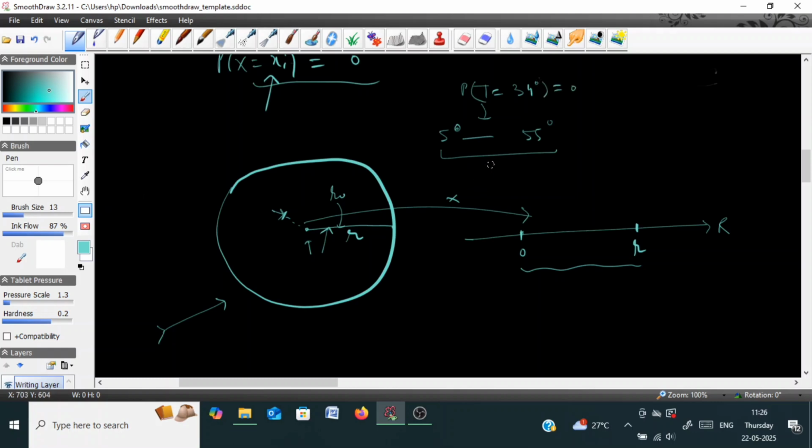Because we have assumed that the temperature can take any value between 5 degrees and 55 degrees. It means you have a continuous range of values, an infinite number of points. The probability of getting a particular value in a continuous random variable does not make any sense.